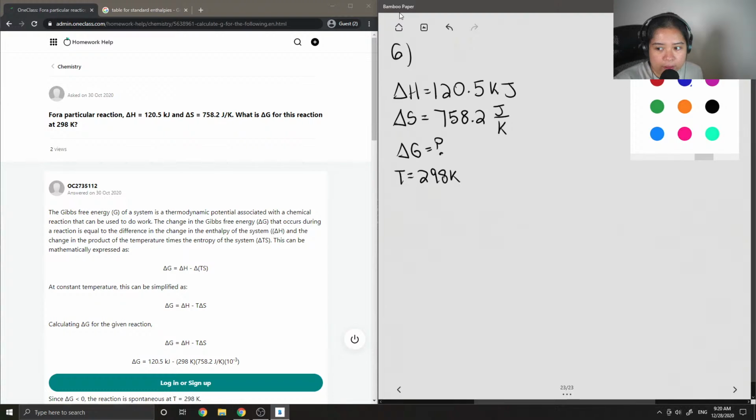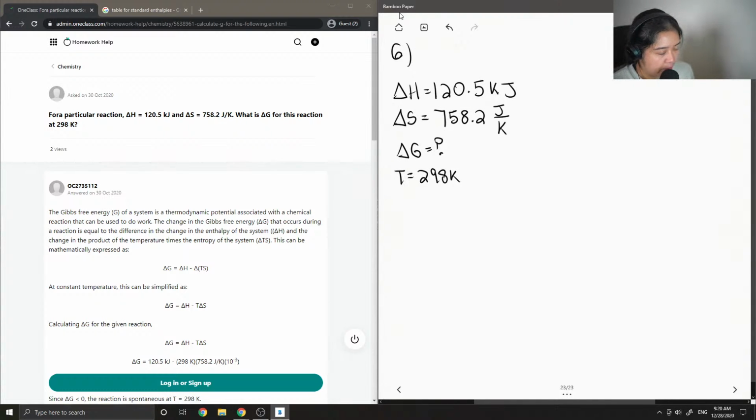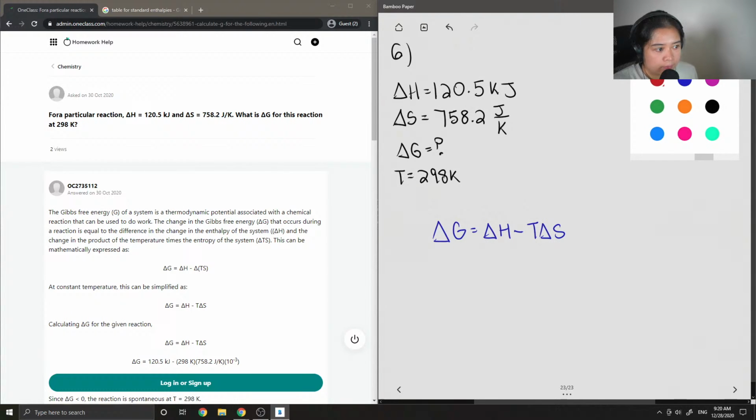Okay, so I wrote down all of the variables that were given. So to answer this question is actually pretty simple, since the delta G of formation, or the delta G of the reaction, can be calculated by taking the delta H and subtracting T times the delta S. So delta H is referred to as the enthalpy of the system.